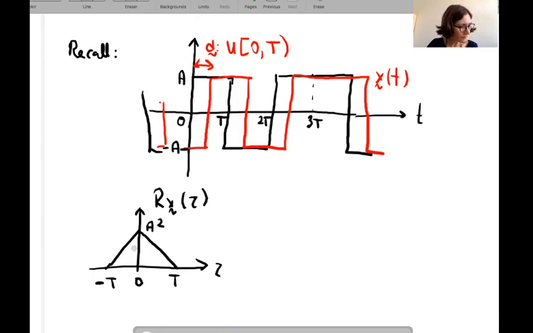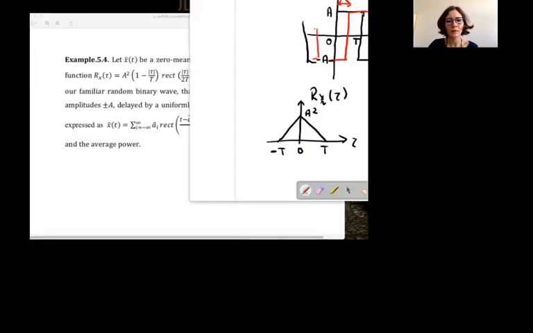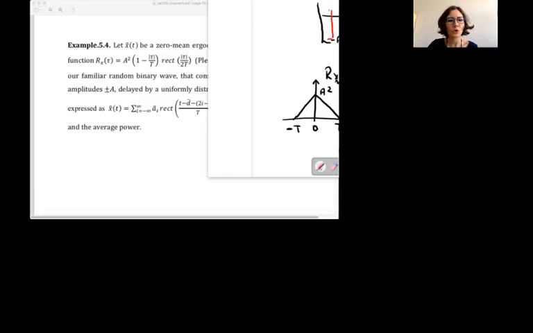Okay, so very well. Now, what we are asked to do here is to find the power spectral density of this random process. Obviously, what we have to do is take the ACF and take its Fourier transform. Now, this waveform as a function of tau has a triangular shape.